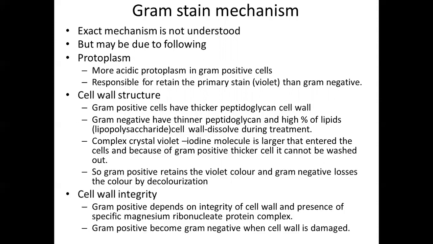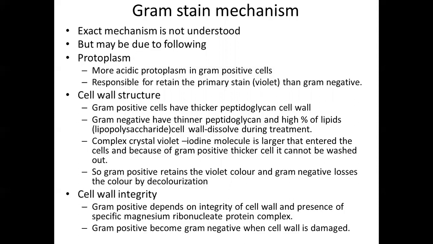Gram positive cells have a thicker peptidoglycan cell wall, whereas gram negative have a thinner one. The peptidoglycan cells have lipid bases, which take excess time to get dissolved.